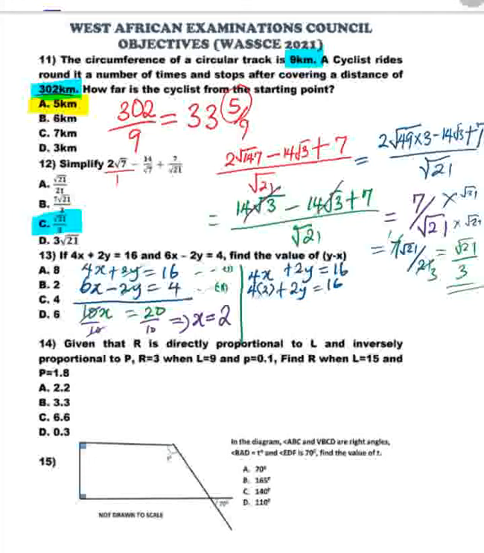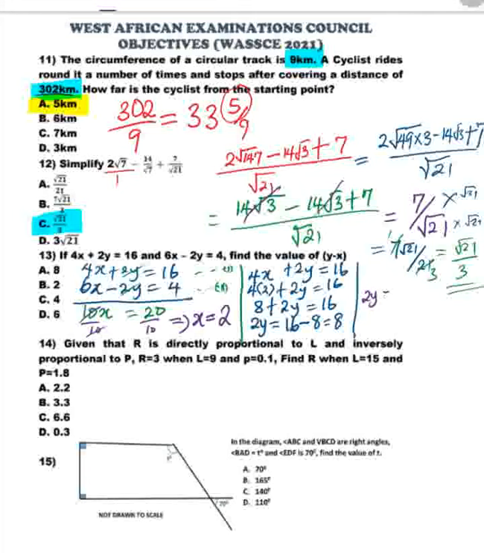And 4 times 2 is 8 plus 2y equal to 16. So we're going to have 2y equal to 16 minus 8. And that is 8.